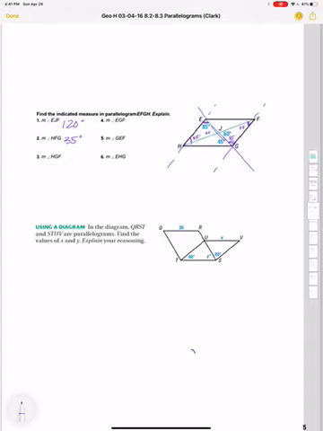Okay, angle HGF. Angle HGF is 45 plus 85, so 130. The measure of angle EGF.